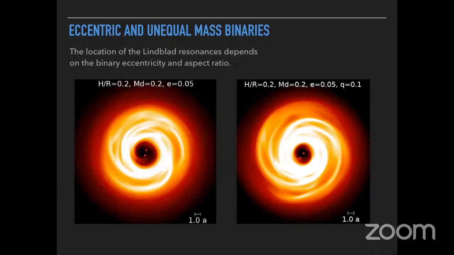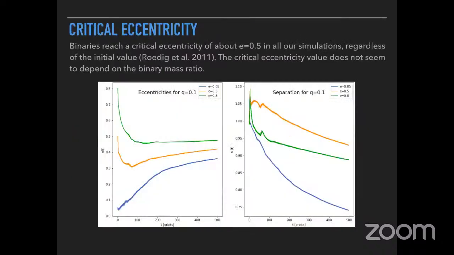We also, since the location of the resonances depends on the mass ratio of the binary not its eccentricity, explored a little bit the eccentricity and the mass ratio parameters in these simulations with the student. This is an unpublished work and it's very preliminary, but this is just to show you that, since eccentric binaries have been found also to expand, we always find the binary shrinking in these simulations.